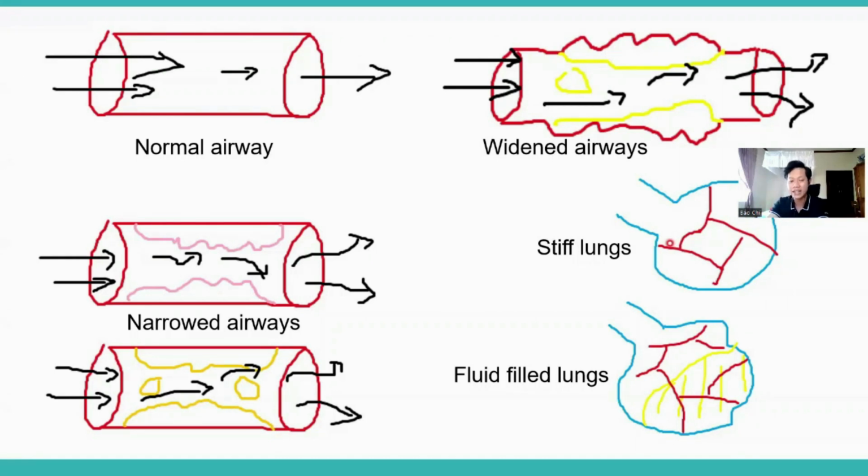Okay, so the stiff lungs right here are because of the weakness of the respiratory muscles. The fluid-filled lungs right here are the same as stiff lungs, so it's hard to exchange oxygen into the blood.